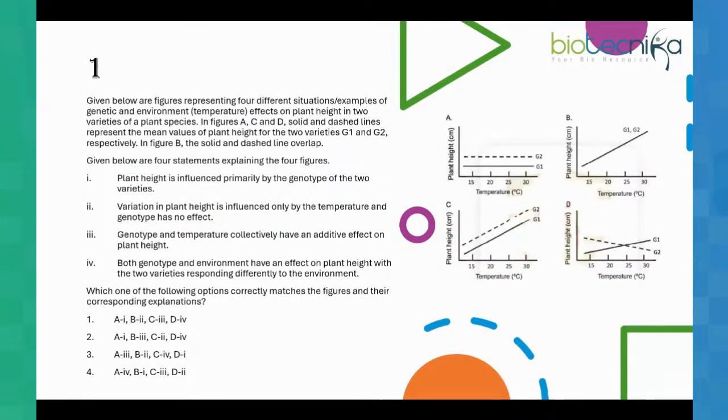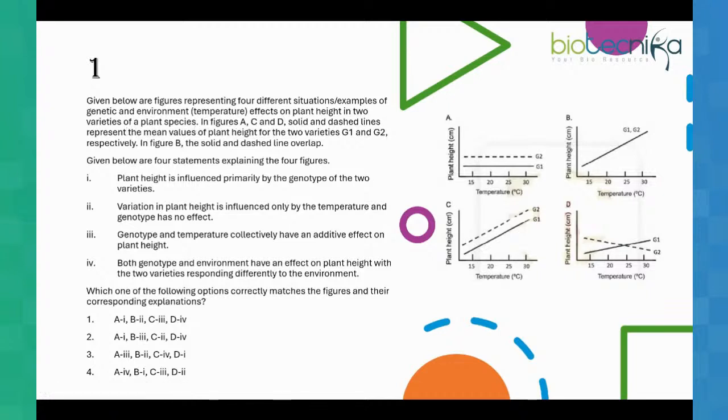All right, so let's get started, everyone. So, this is the first question. I definitely want all of you to try to solve it along with me. This is a question from polygenic inheritance, and here we are talking about the influence of environment and genotype on the phenotype. Given below are figures representing four different situations or examples of genetic and environment, that is, temperature effect on plant height in two varieties of a plant species.